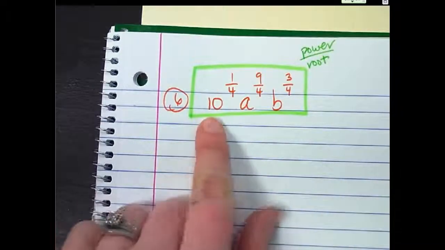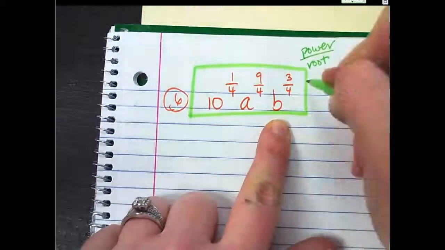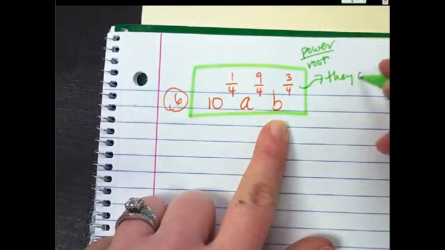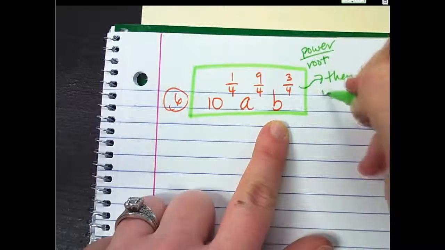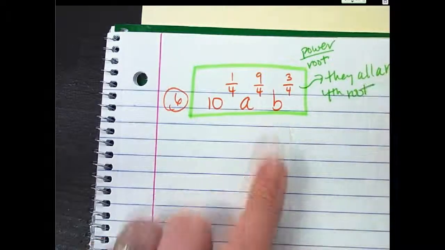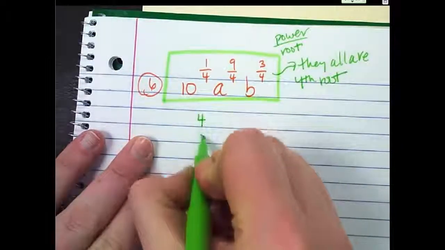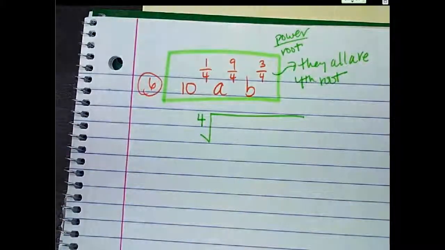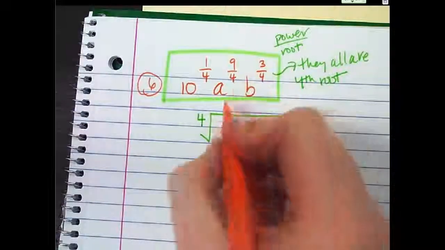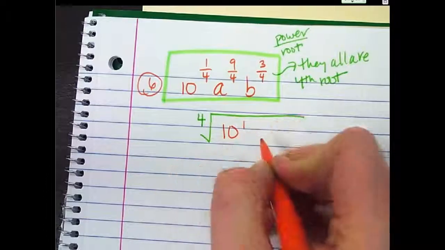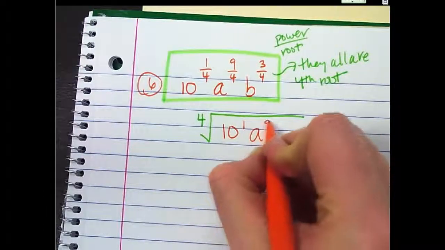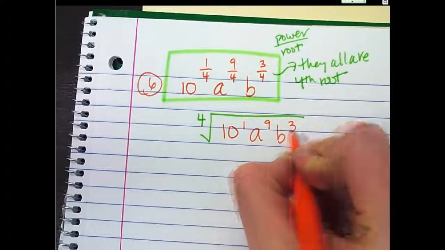What would the root be for all of these? 4. They all are 4th root, which means they can all fit under the same radical. So I can make one big 4th root and put all 3 of them under there. I would have 10 to the 1st, A to the 9th, and B to the 3rd.